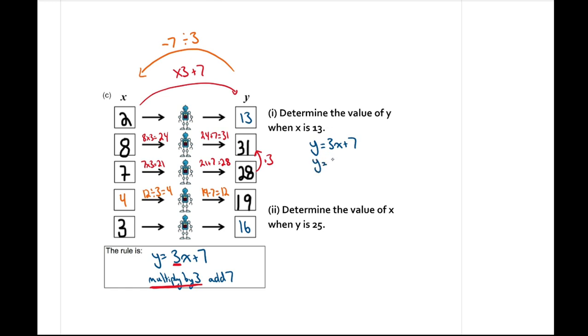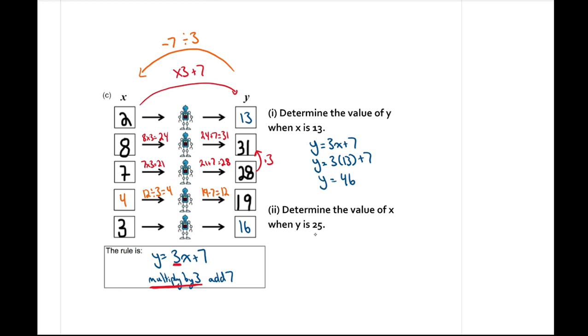Different ways to write this. I can say 3 times 13 plus 7 equals 46. So when my input is 13, my output is 46.